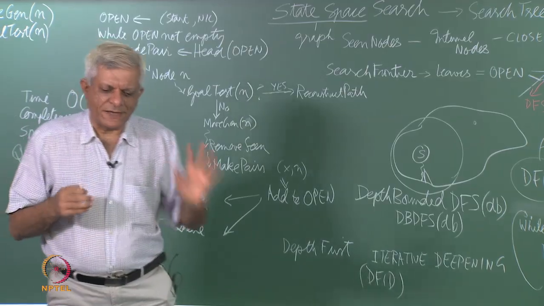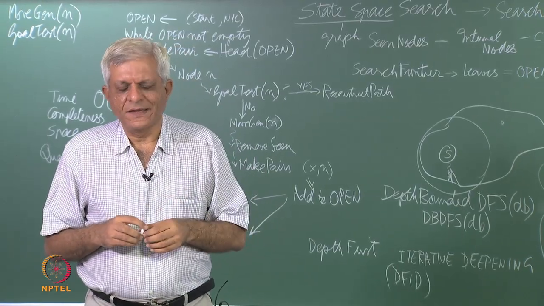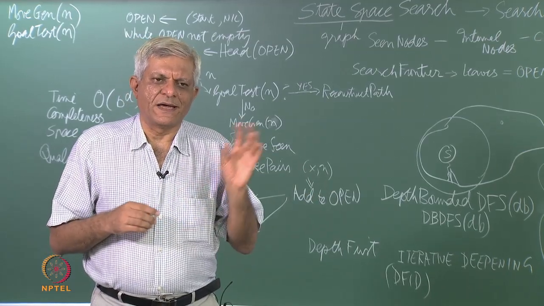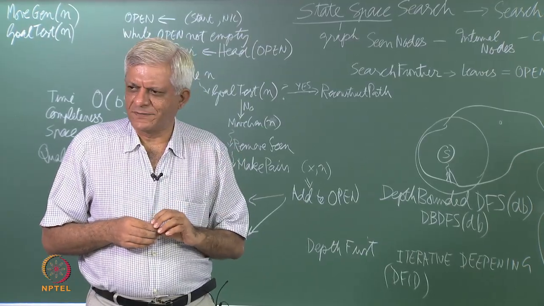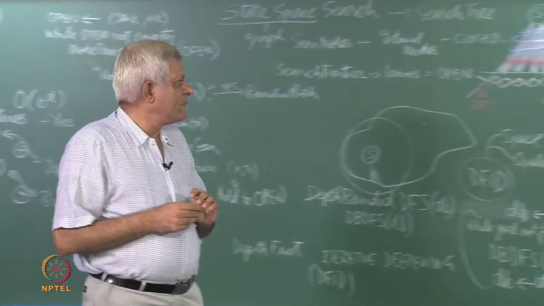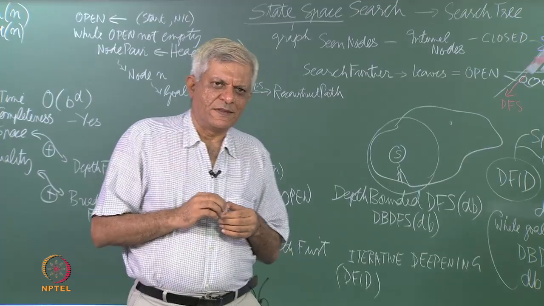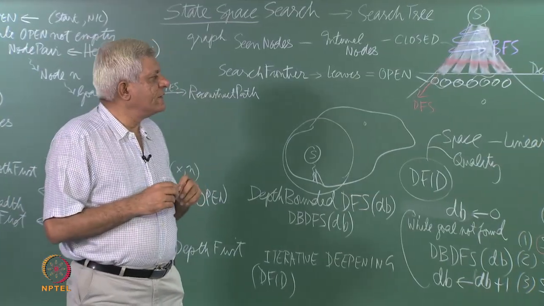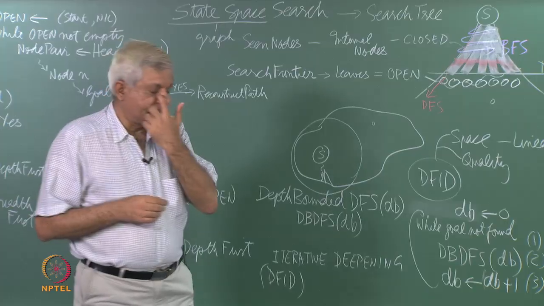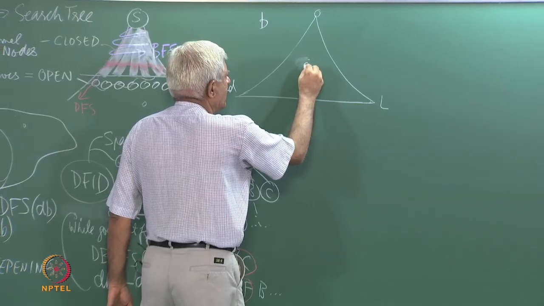So, let me give you a nice argument. Of course, I am sure you have done this in some course. What is the ratio of internal nodes to leaves in a complete tree? I remember a mathematics professor, K. Joshi from IIT Bombay, had given a very nice argument, and you can visualize a tournament which is going on. Since the branching factor is B, we will assume that it is something like, let us say, a 100 meter sprint, and at any node there are B children.